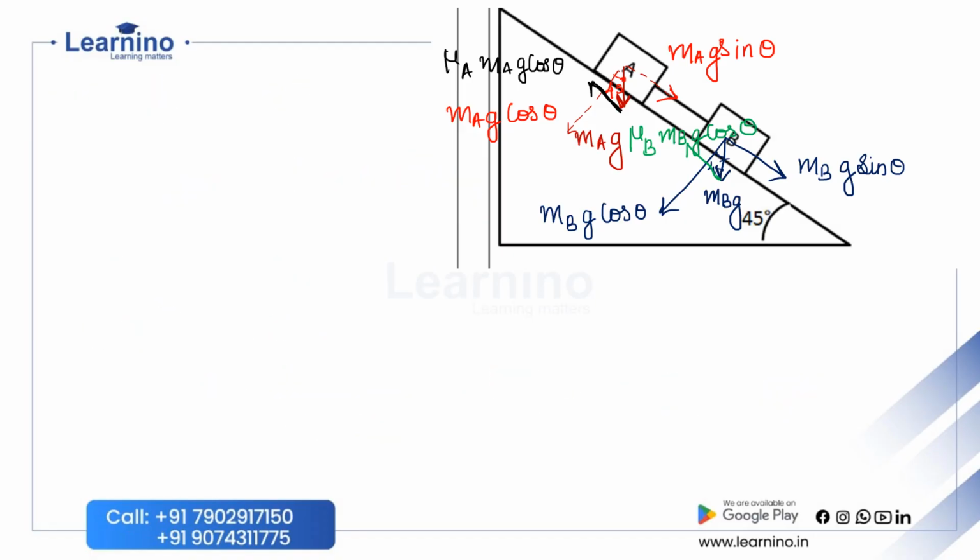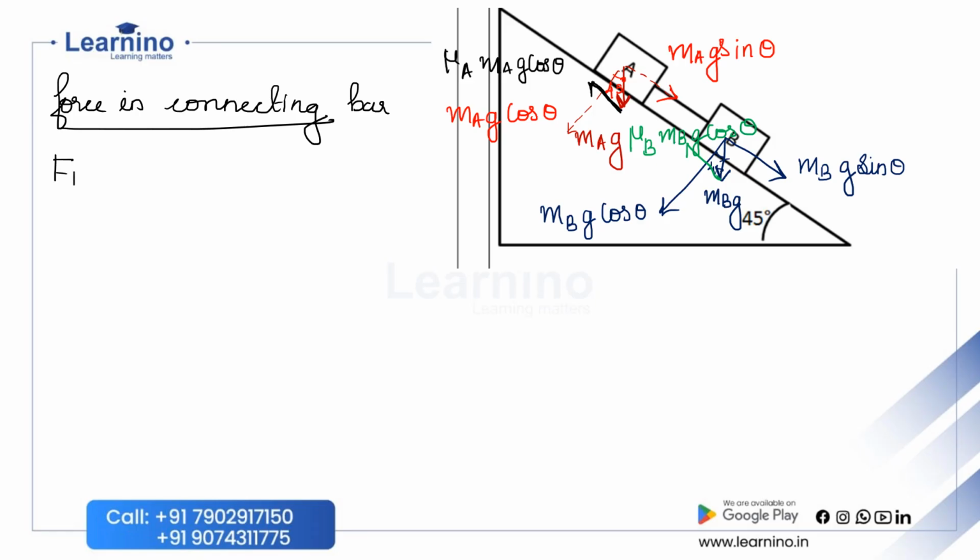Next we need to find the force in the connecting bar. For finding the force in the connecting bar, I am considering B, and the force on the member B. The force on the member B is the mass of member B into the total acceleration of the system.